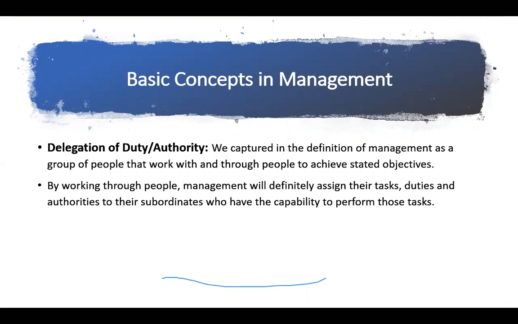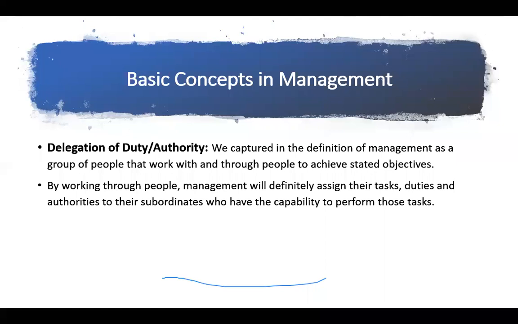It simply means that don't delegate duty without delegating appropriate or commensurate authority. So by working through people, management will definitely assign their tasks, their duties, and authorities to subordinates who have the capability to perform these tasks.